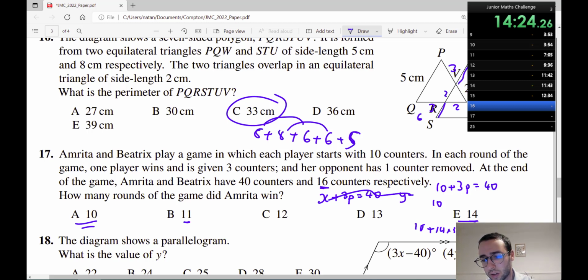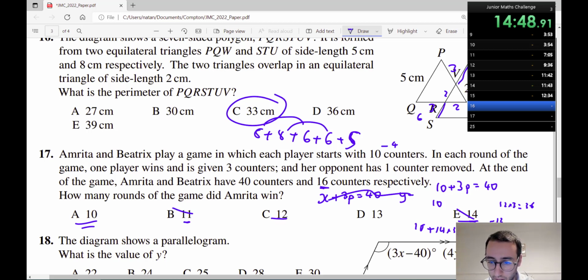Then she's also lost 12 rounds, and 12 times 3 is 36. So she's lost 14, so she's at 10, then she goes to minus 4, but then actually she's won 12 rounds, so she's gained 36. Nah, so it's not this, it's not this, it's not that.